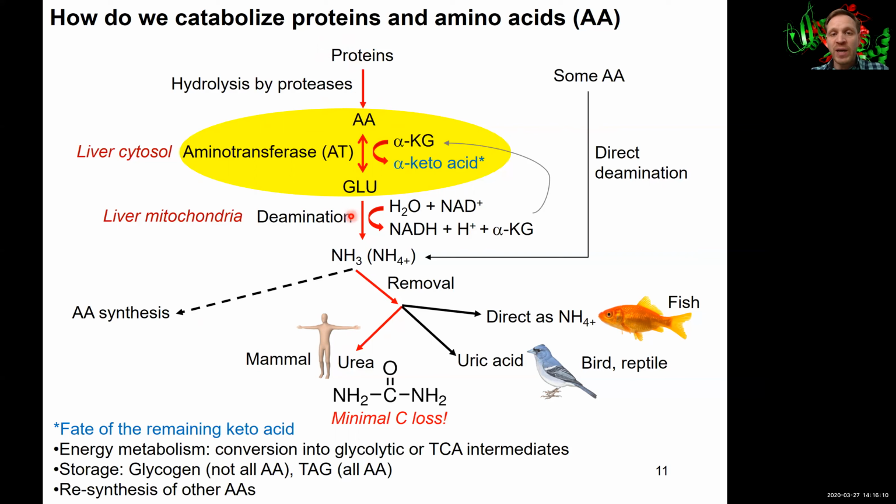And then glutamate can be deaminated to release our ammonium, and that can either be funneled through resynthesized other amino acids or primarily would be removed, excreted through urea for us as mammals.